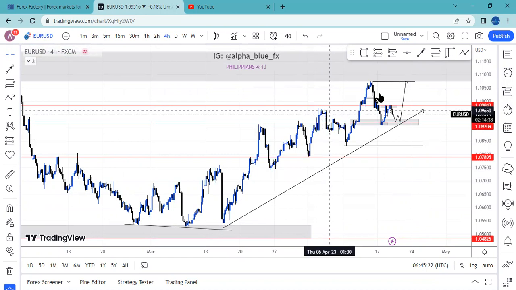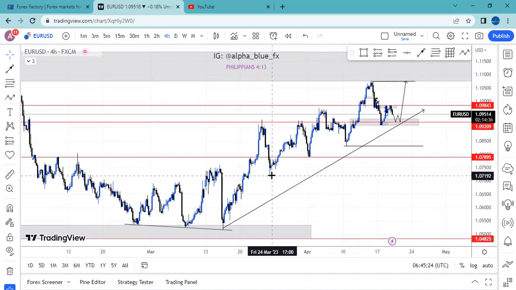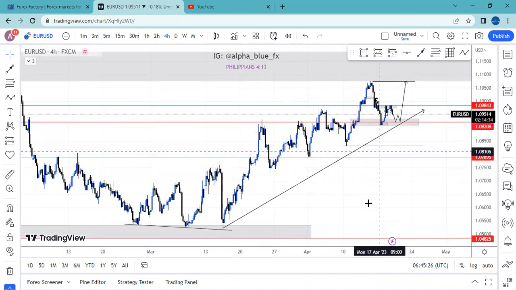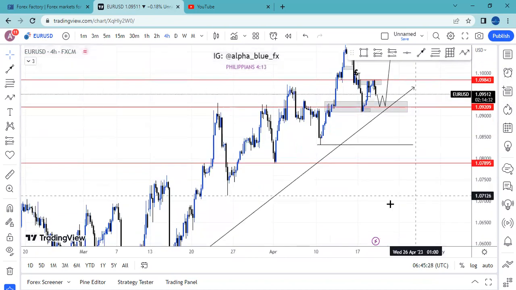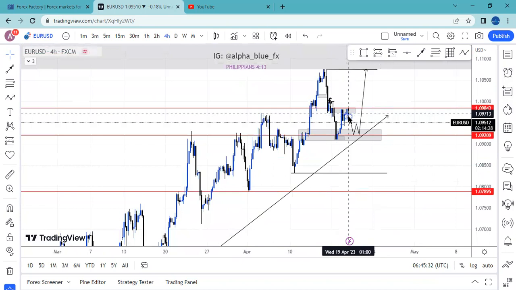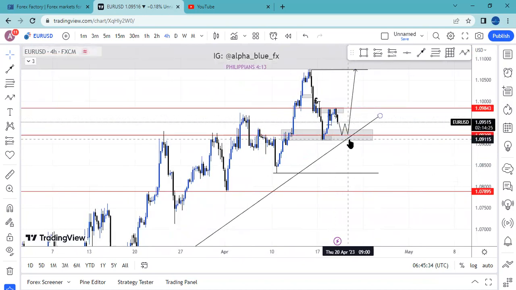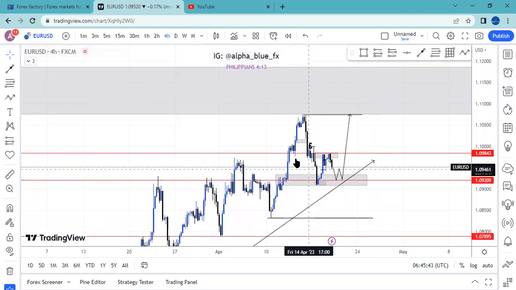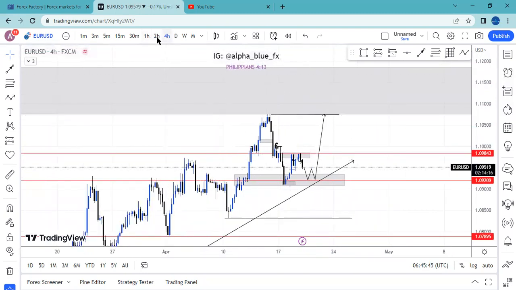Higher high, higher high, higher low, higher low, right? So don't get confused or caught up in this small short-term price action. This whole thing right here is, to me, setting up for a continuation of the bullish move. So this is what I think.